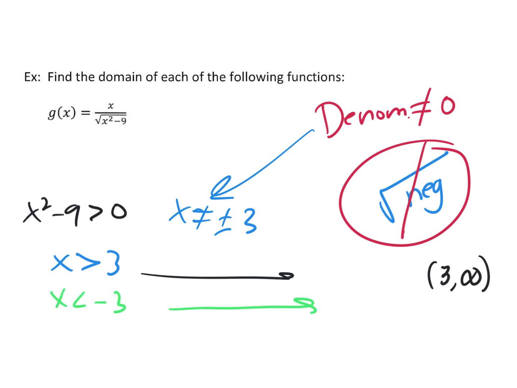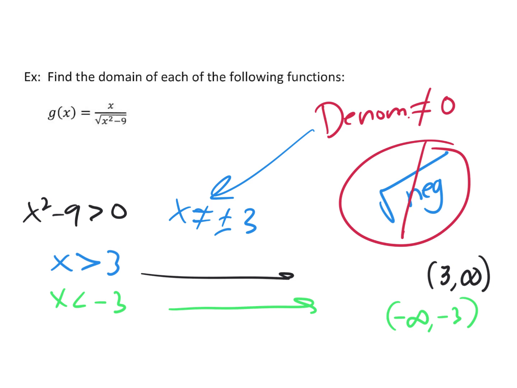So in this case, that's from negative infinity to negative 3. And so both of those are part of the domain. The area where I run into problems is if I'm between negative 3 and 3. Any of those numbers, when I square them, will still be less than 9. And so we exclude them.